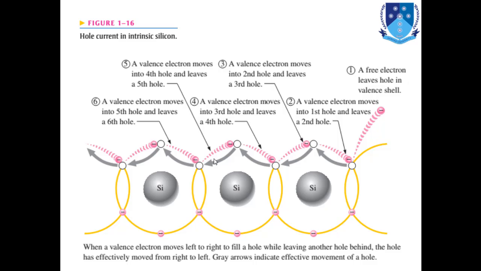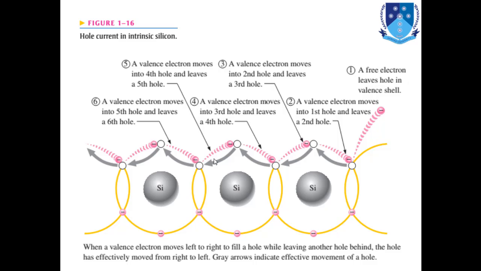One flow is shown in pink color, which represents the movement of valence electrons to their nearby holes. We can say that when a valence electron moves left to right to fill a hole while leaving another hole behind, that movement seems like the hole has effectively moved from right to left.